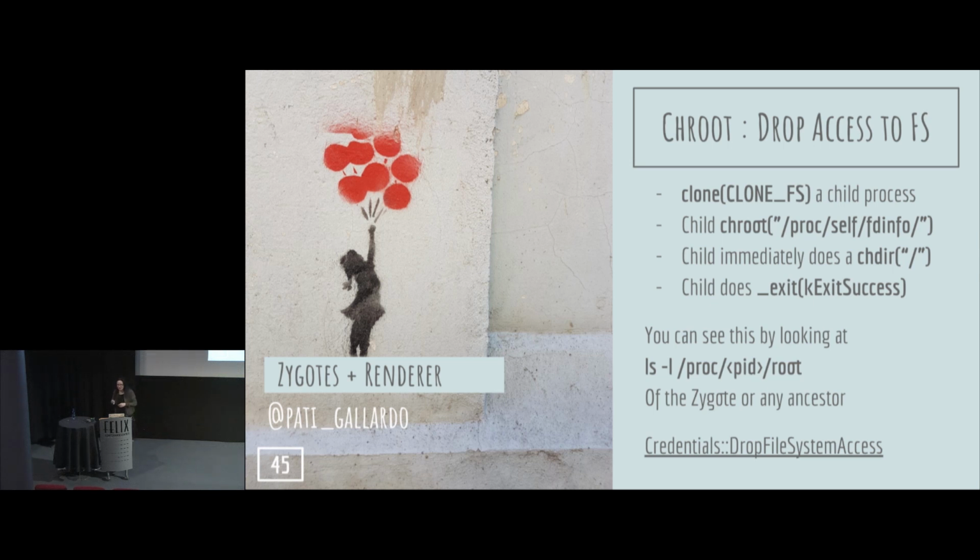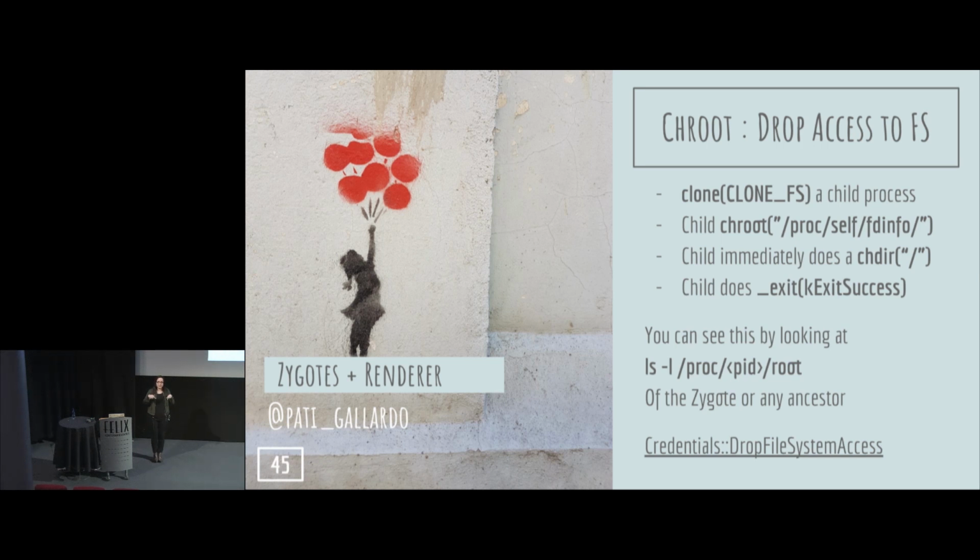So they will move together. And that is used specifically here, because the child will chroot to a process-specific directory. Then immediately after, it will change directory to slash, to its root, which is now the process-specific directory it called chroot with, and after that it will just exit. This is very interesting because what you will see is that you have a parent process creating a child process, and then inside of the child process, it will chroot to a process-specific directory.